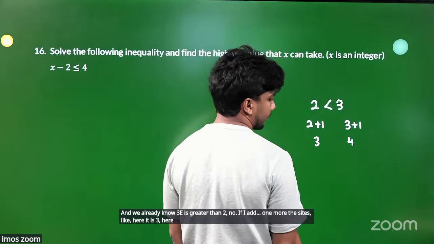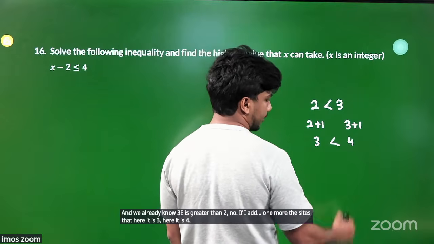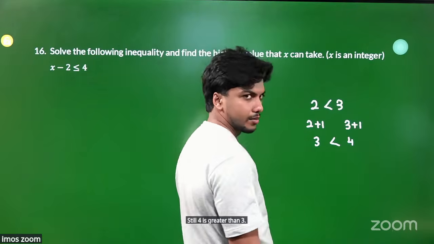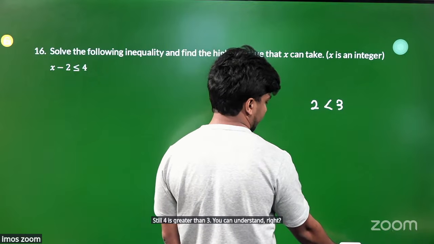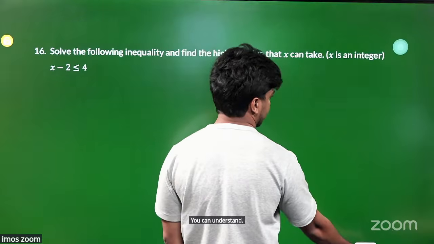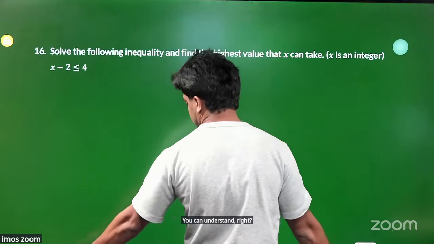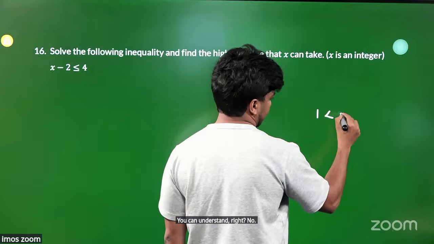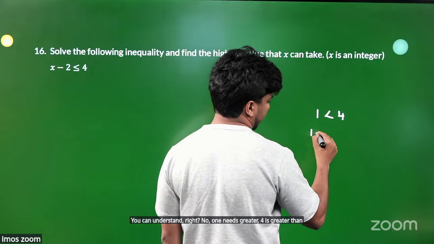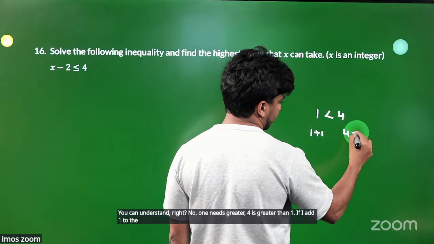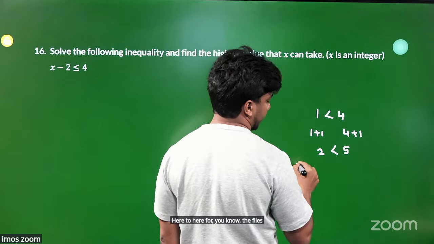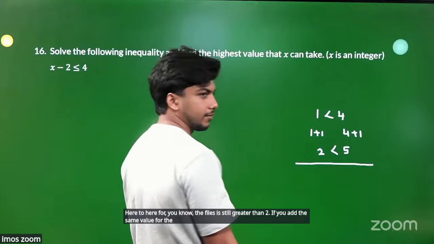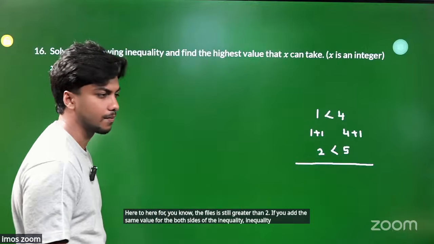Still 4 is greater than 3. You can understand, right? Now 4 is greater than 1. If I add 1 to both sides, here 2, here 5. 5 is still greater than 2. If you add the same value to both sides, the inequality sign doesn't change.